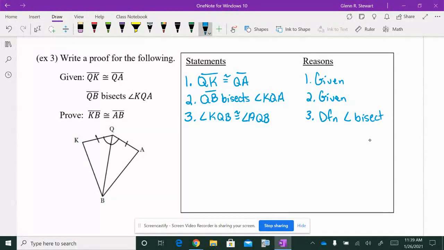Remember, bisect means to cut equally in two. We also know that side QB is shared within the triangles. So QB is congruent to QB using the reflexive property of congruency.